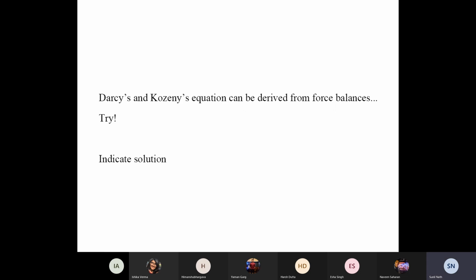And then this resisting force, we must try to balance by the pressure drop across the bed. Okay. So can you work out the expressions for each one of these individual things?